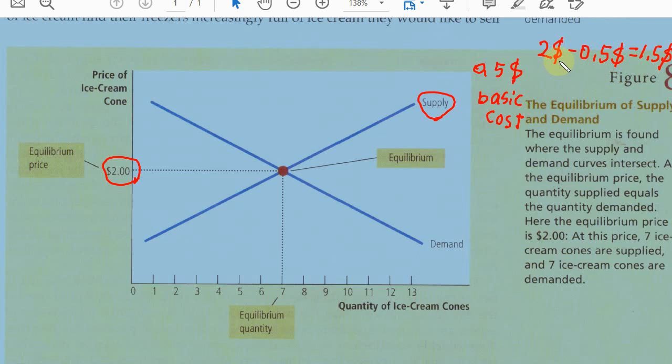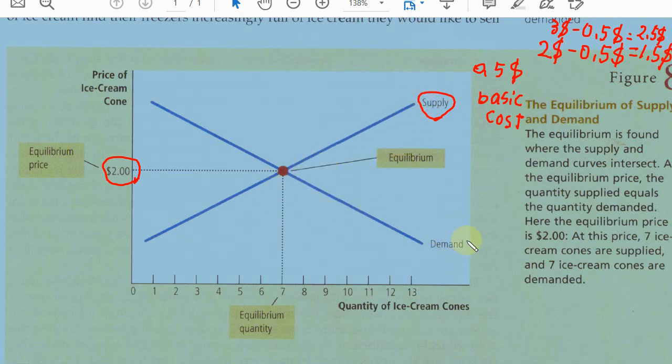Then if the price goes up from $2 to $3, his profit will increase. Meaning that as the price goes up, supply follows because the supplier can make more money. The basic cost for each ice cream cone is fixed. That's the reason.